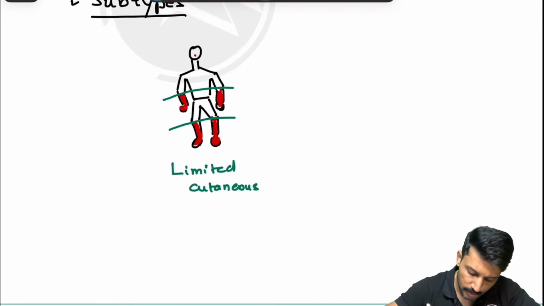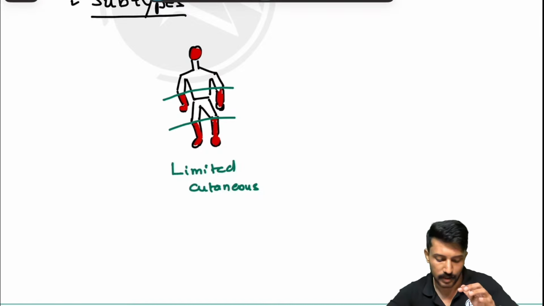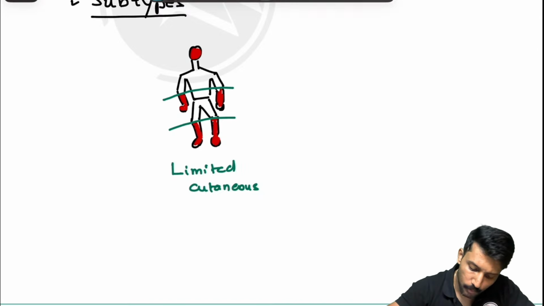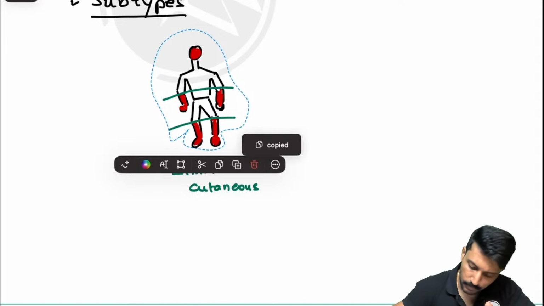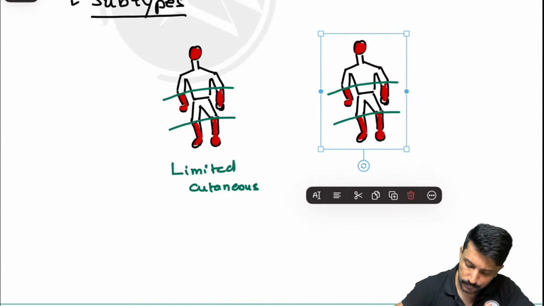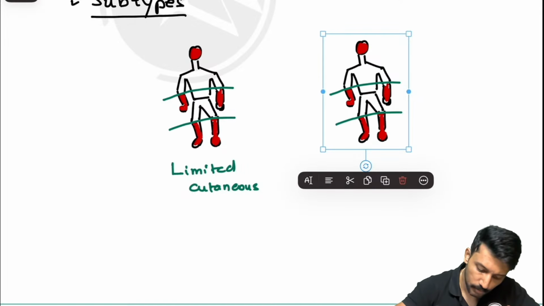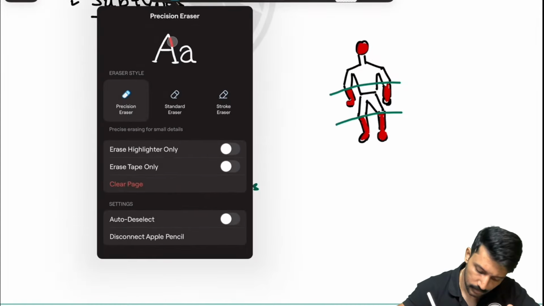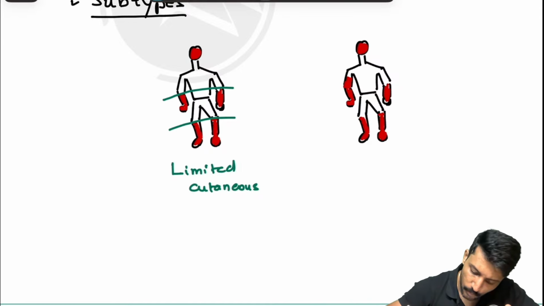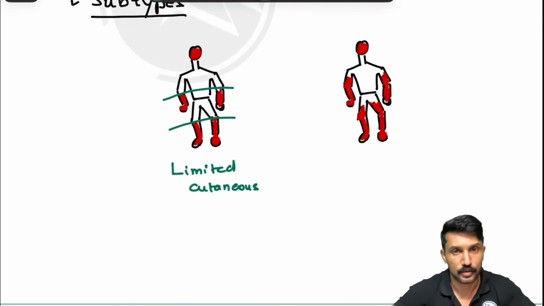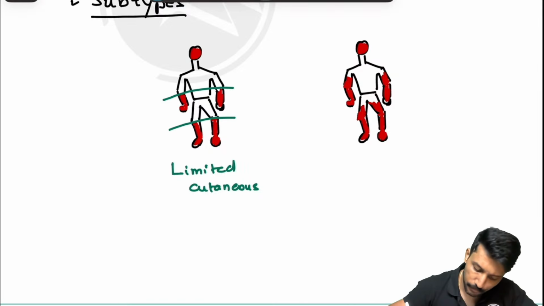There can be facial involvement, but the limb involvement doesn't cross the elbow and knee joint. But if it crosses the elbow and knee joint, then we call it diffuse cutaneous. So in diffuse cutaneous, the skin involvement extends proximal to the elbow and knee joint.